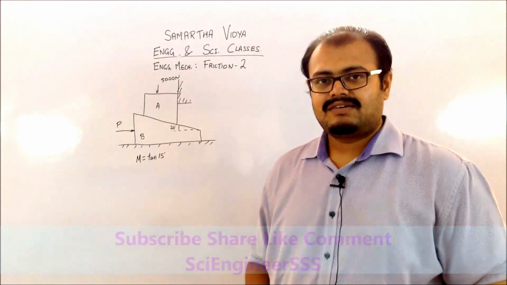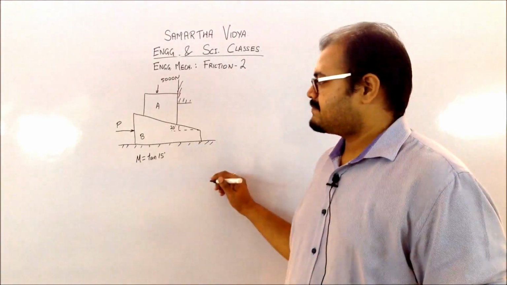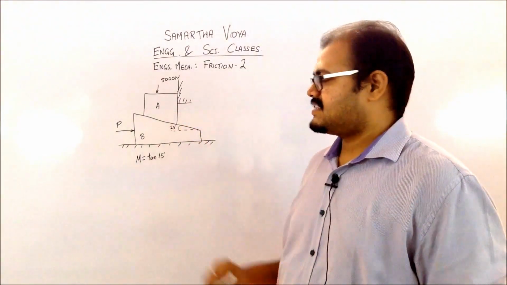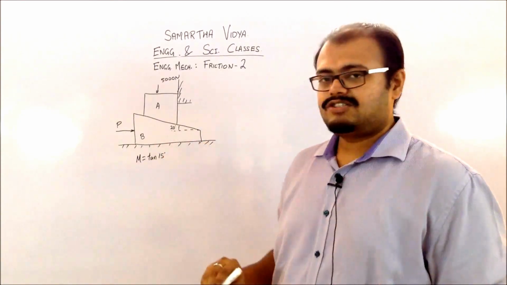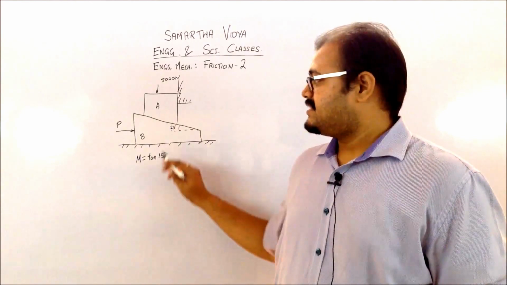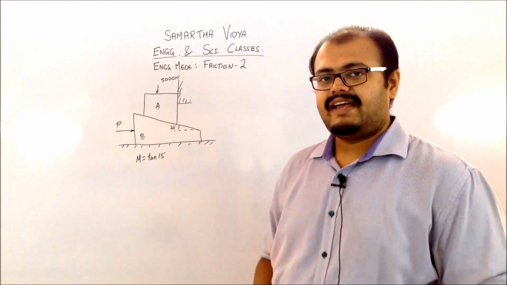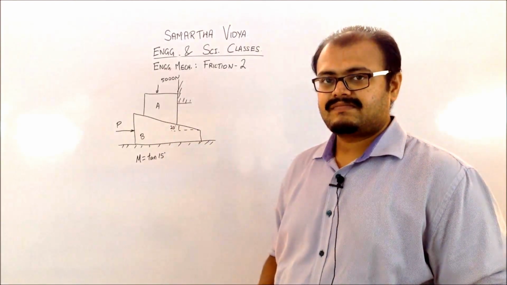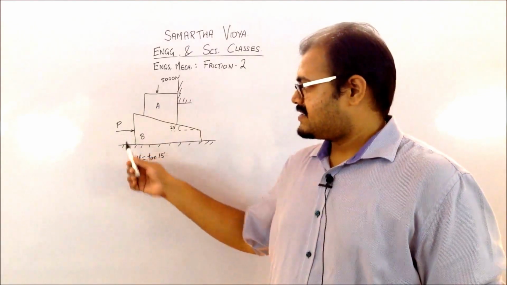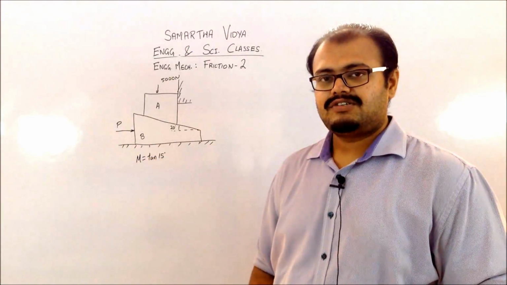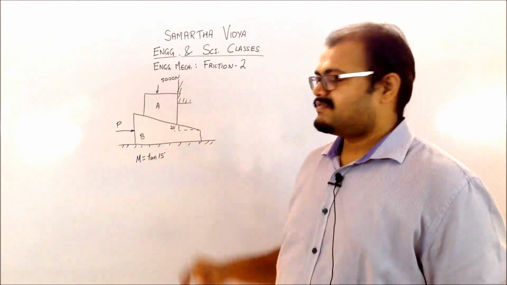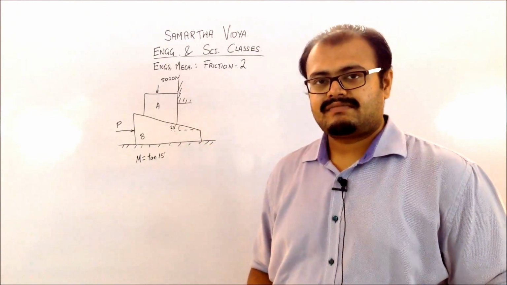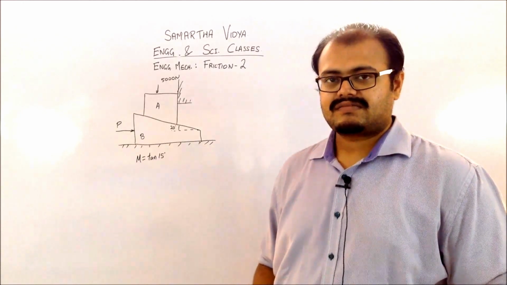So let us go to the problem which is given to me. So we have two blocks which are A and B. In this, my B is considered to be a wedge which is being used to lift the block A from its position. So to do so, we are using this P which is going to lift the block A, and there is some weight which is being added on A, that is of 5000 newtons.